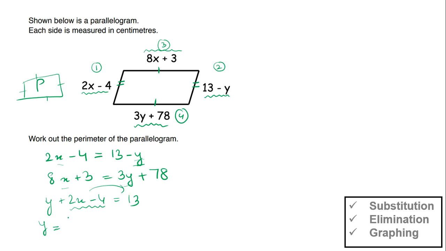So I'm going to write y equals 13 plus 4 minus 2x. Why did I do plus 4? Because it was negative on this side, goes to the other side, turns positive. Now, 13 and 4 are both numbers, so I can just add them up, and 13 plus 4 gives me 17. And here I have y equals 17 minus 2x.